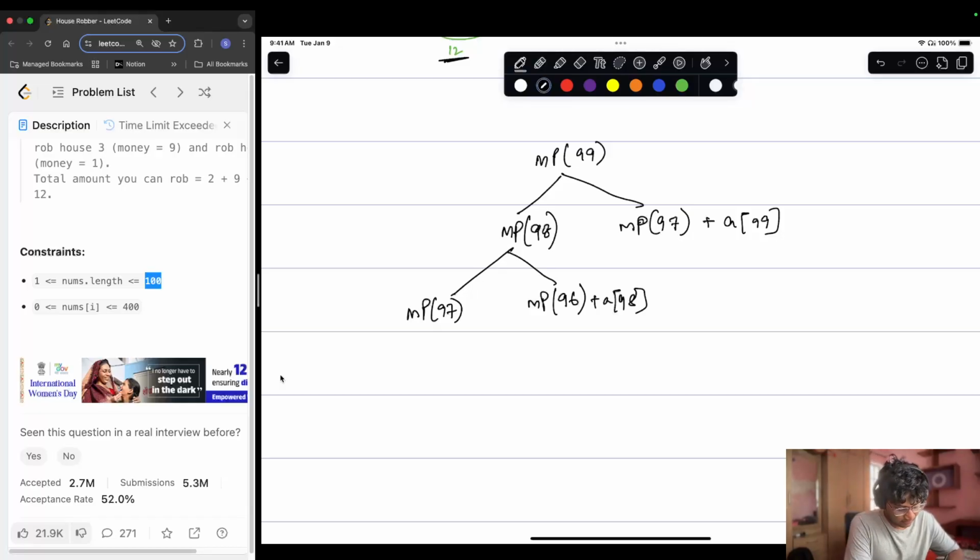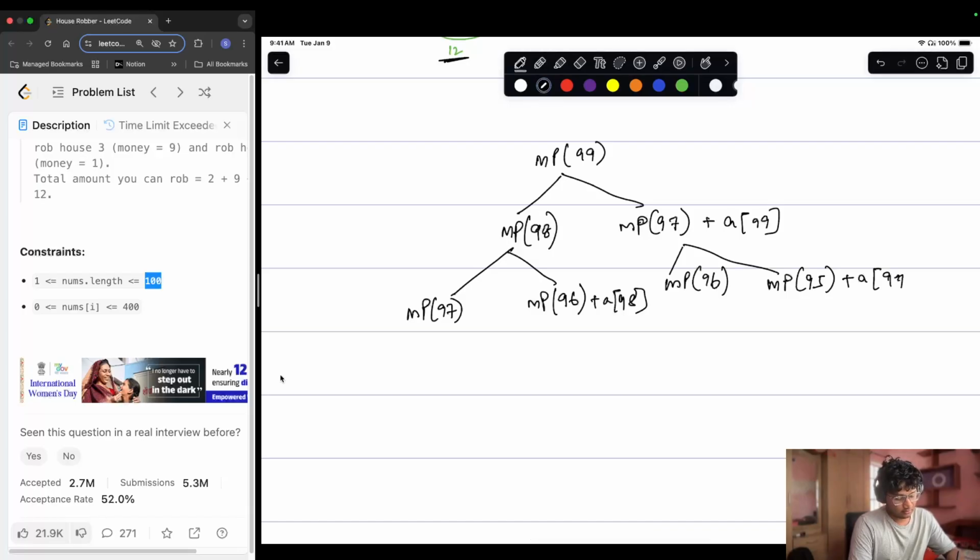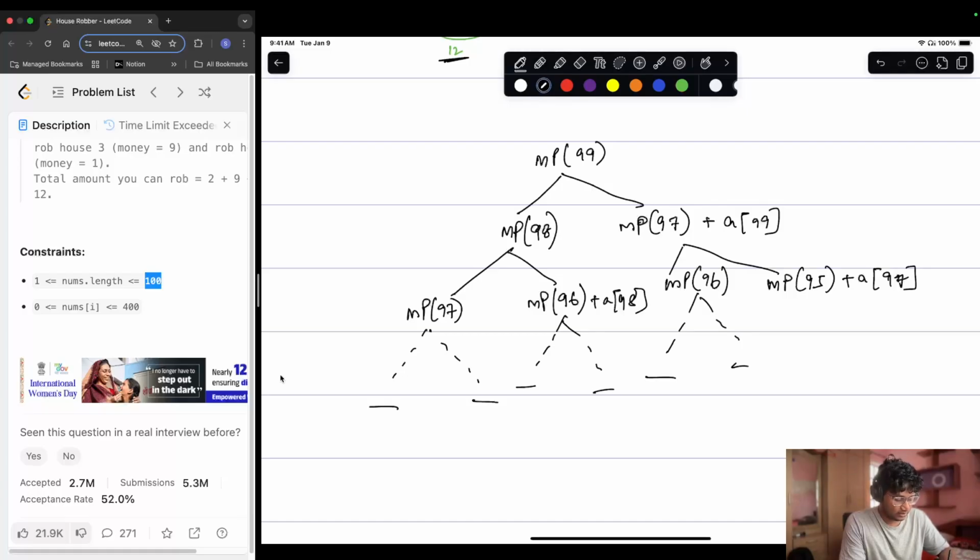Similarly, for this: max profit of 96, or max profit of 95 plus A of 97. Two options. Similarly, when you keep going, this will have two possibilities, and this will have two possibilities, and so on.